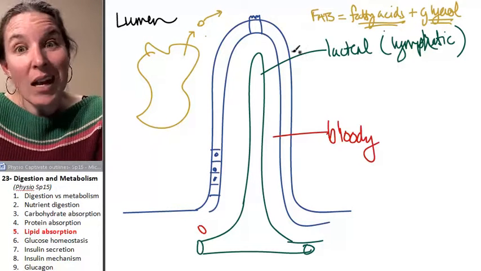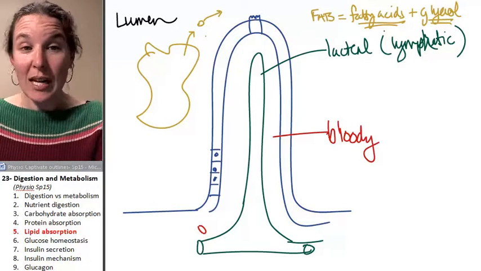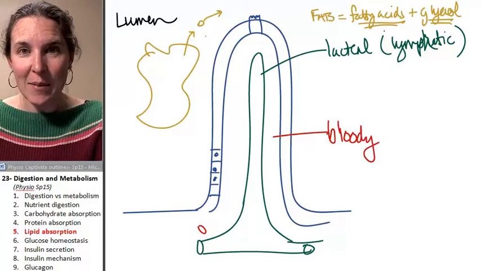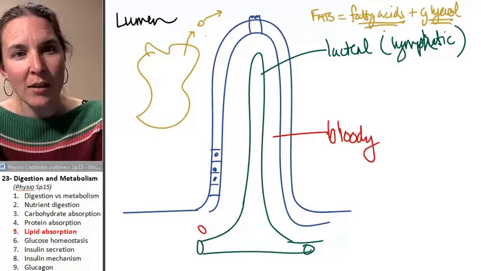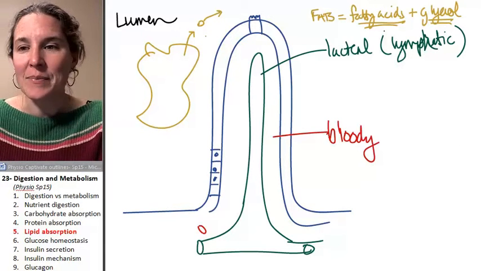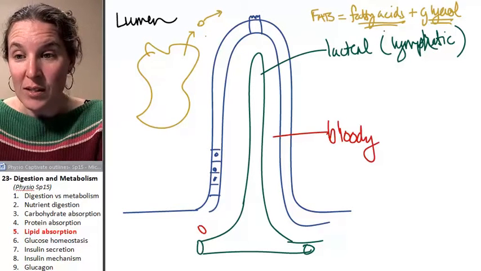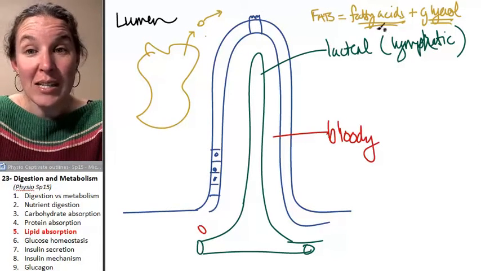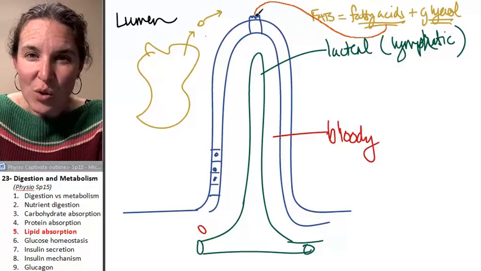Now, fatty acids and glycerol, guess what? Do we need any transporters to take something that is hydrophobic and get it through the cell membrane? Nada. So we're going to take our fatty acids, and they're just going to diffuse through.